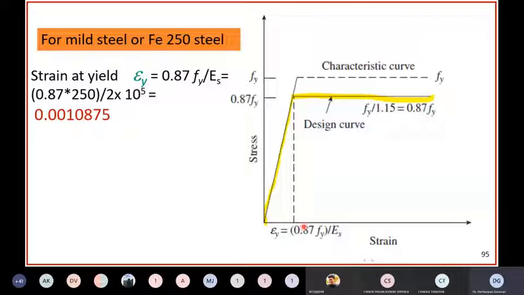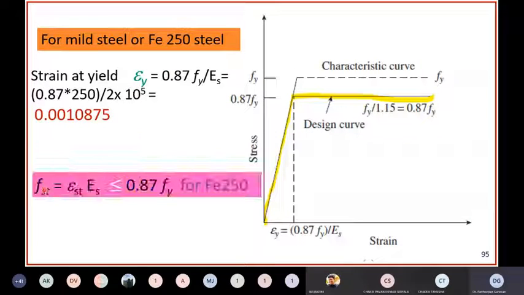So if in your beam the strain in the steel is either 0.00108 or less than that, you can find the stress in the steel as strain in the steel multiplied by Young's modulus of steel. Here FST means S is steel, T is tensile.